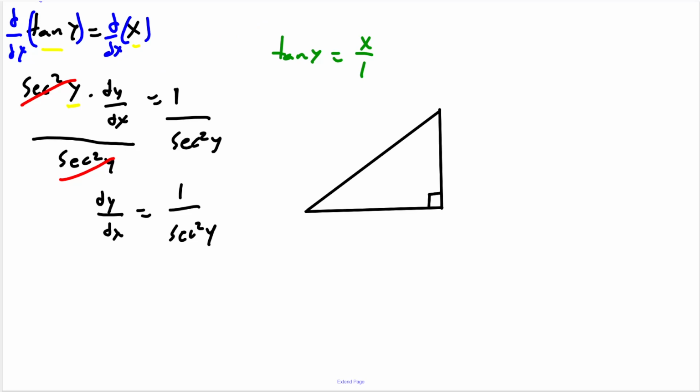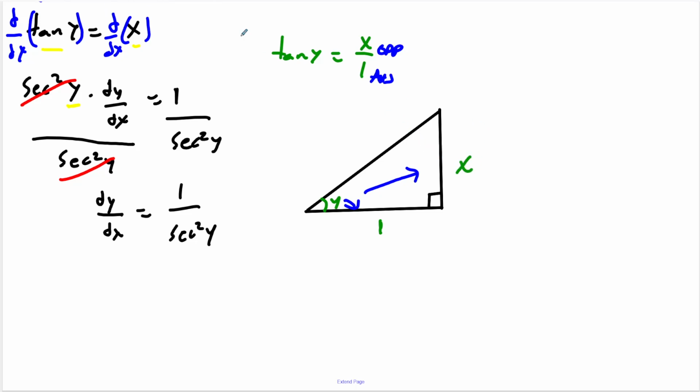So, let us put angle y here. Tangent of y is just opposite over adjacent. This is opposite. This is adjacent. Adjacent to y is 1. Opposite, let me use a green marker here, opposite to y is x.